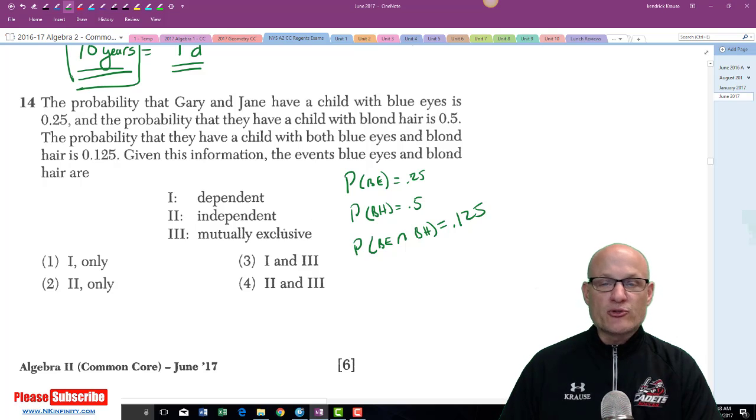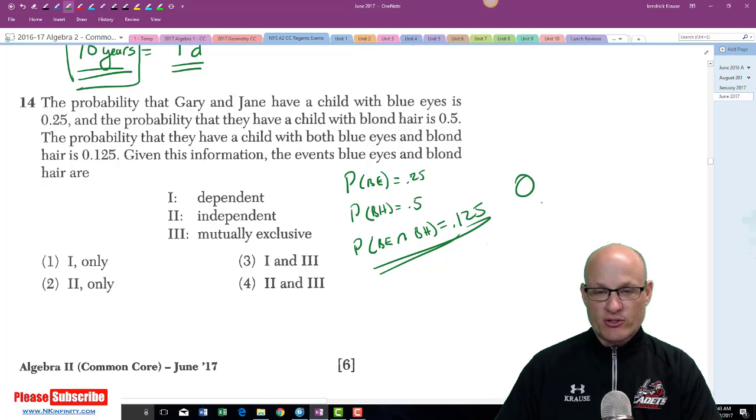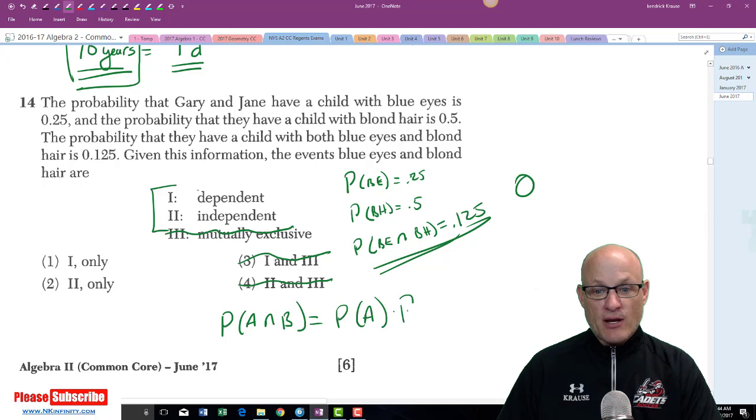Now, if they were mutually exclusive, the probability of your AND event would be equal to 0. So 3 can't work. So anything with 3 can't work. So now we're down to, is it independent or is it dependent? Now the test for independence is the probability of A and B is equal to the probability of A times the probability of B. We studied this a lot.